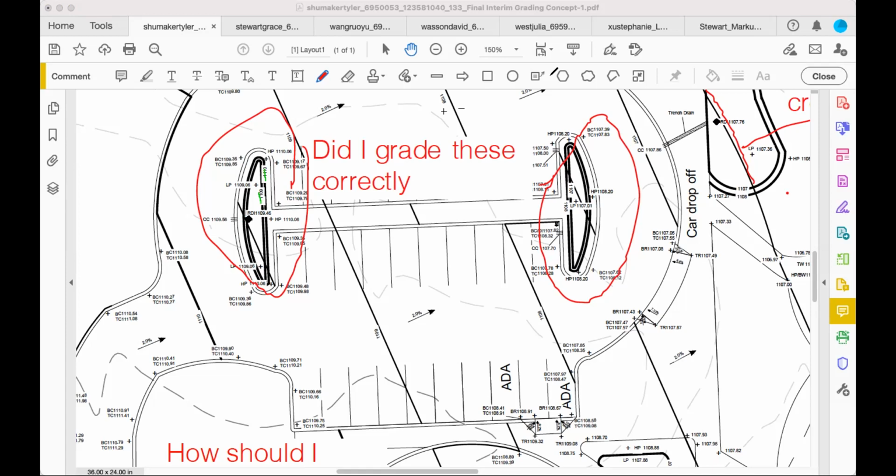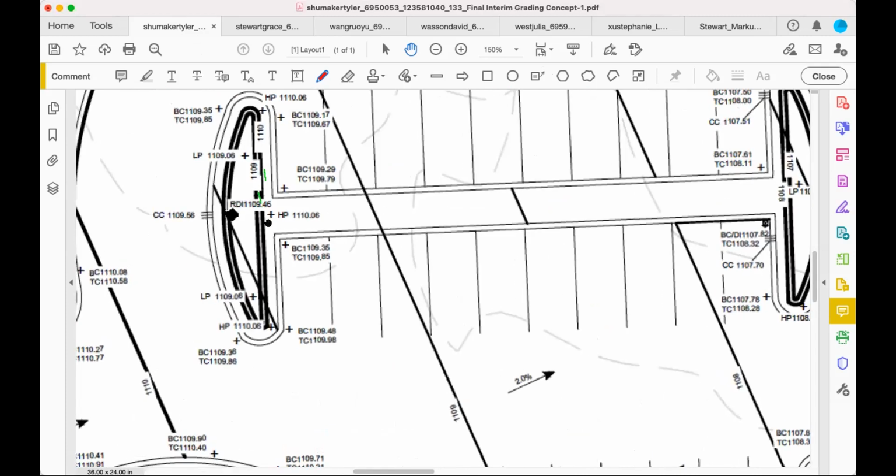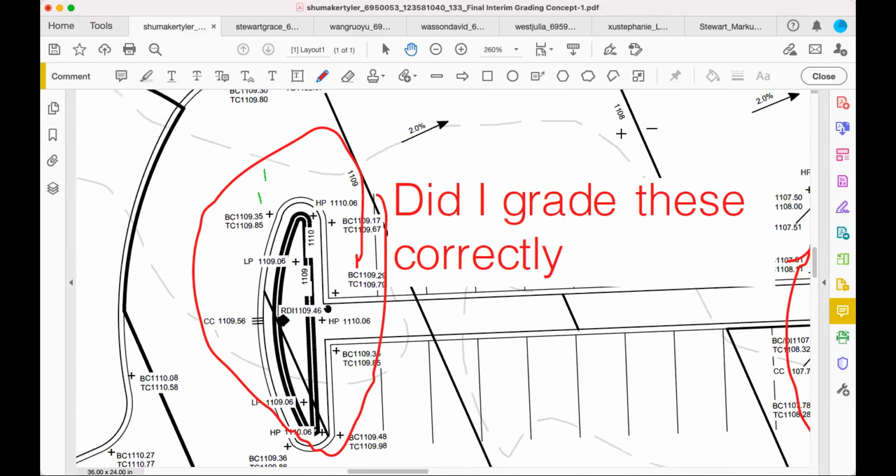If we check the bottom, I'm just talking out loud so that I can do the calculation along the way and see if you have anything that's actually draining out of the other curb. We need to check the elevation of the lowest point. So that is 1109.17, 1109.67, and this is 1109.56 and 1109.46.